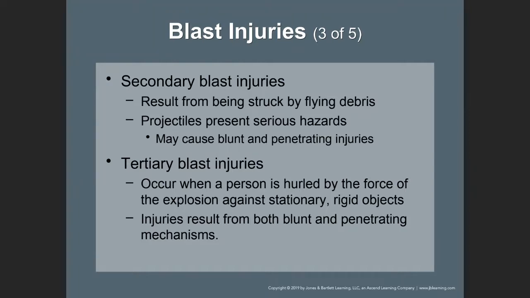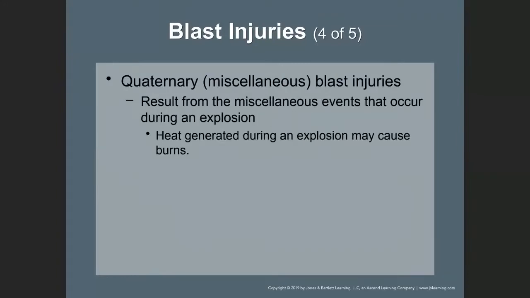So the primary blast is associated more with pressure or barometric trauma, and the secondary and tertiary blast injuries are associated more with physical and internal injuries, blunt and penetrating. Quaternary miscellaneous blast injuries result from miscellaneous events that occur during an explosion.